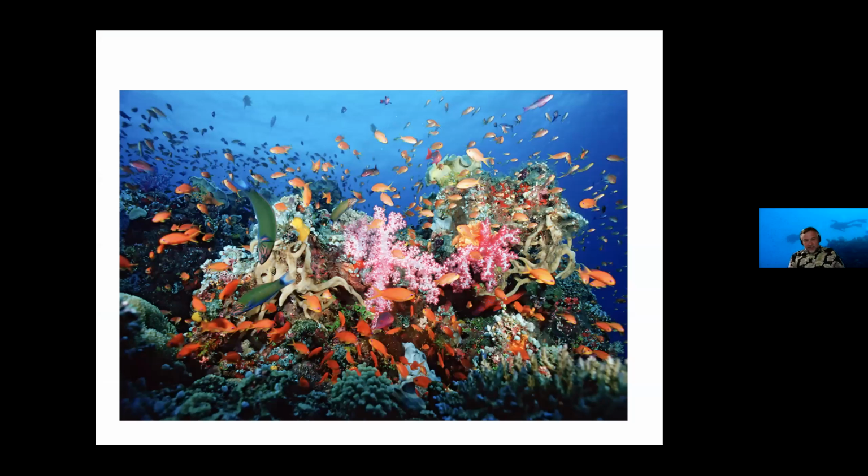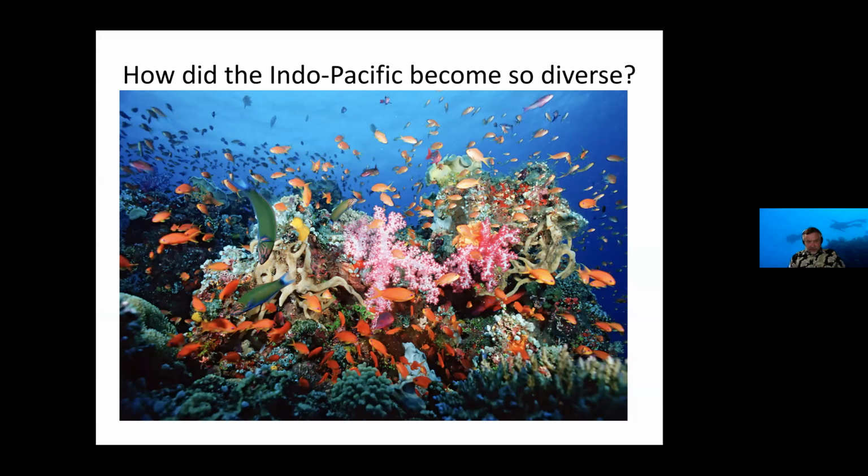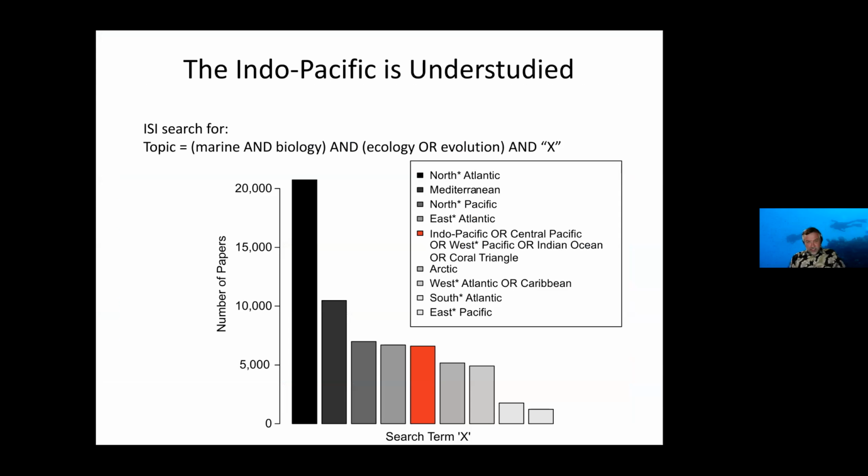So it's fair to say that a motivating question for me and for many others, including Rob and Brian and others, is how did the Indo-Pacific become so diverse? And yet, even though it's the largest marine biogeographic region in the world and the most speciose, it ranks 5th.